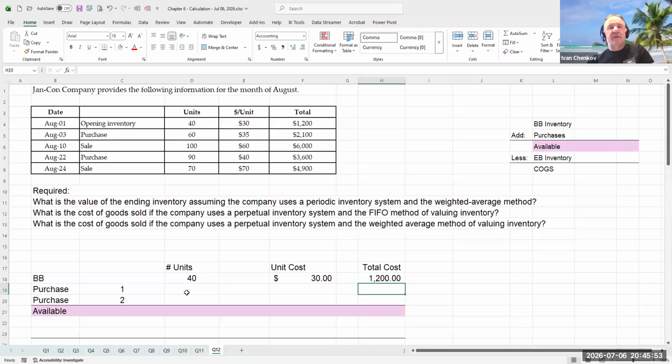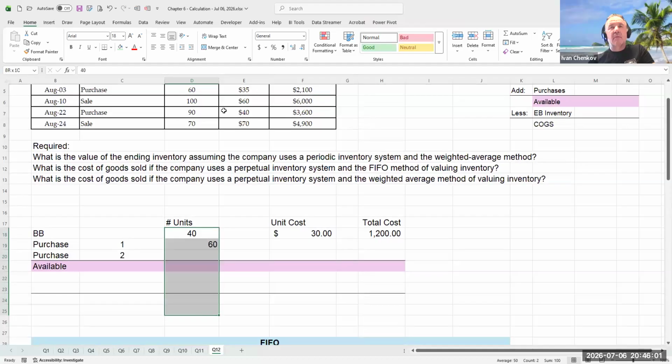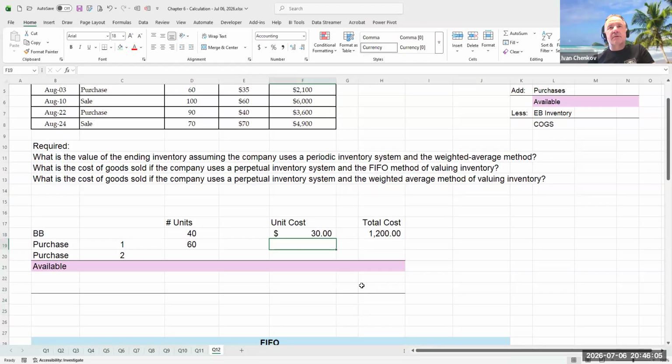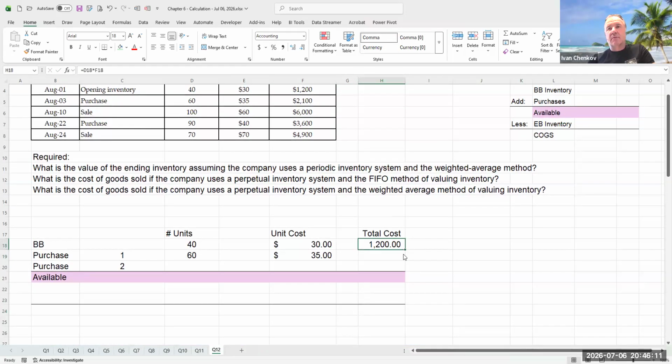Then we're going to have the first purchase. In the first purchase, we purchase 60 units at a cost of $35. Total cost, $2,100.